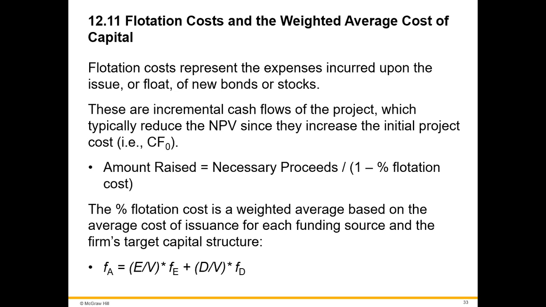Well, first, because printing is the company's main line of business, we will use the company's weighted average cost of capital to determine net present value. We'll do that by taking the cost of the equity over the debt.